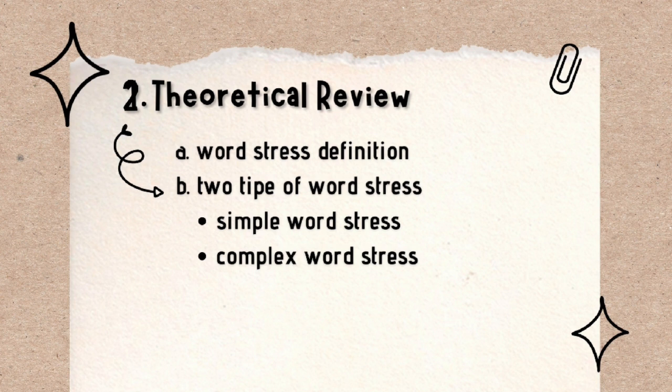The first one, suffixes carrying primary stress themselves, the second one, suffixes that do not affect stress placement, and the third one, suffixes that influence stress in the stem. When these suffixes are attached to single-syllable stems, the stress is almost always placed on the stem.